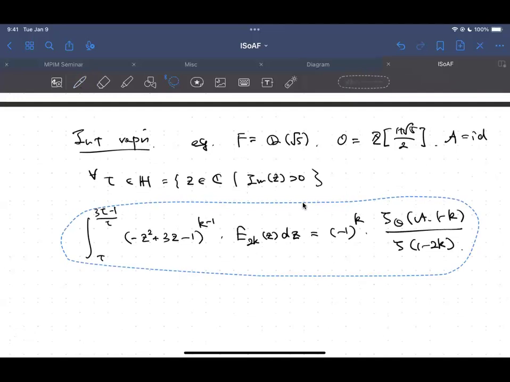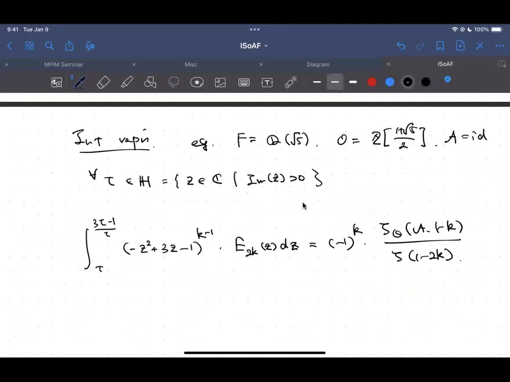And this is a very nice formula. And one very nice thing is that this is not only an analytic formula, but it has a cohomological interpretation.